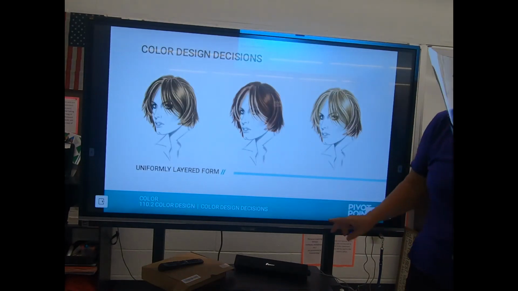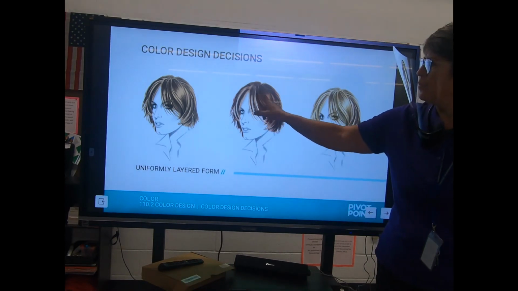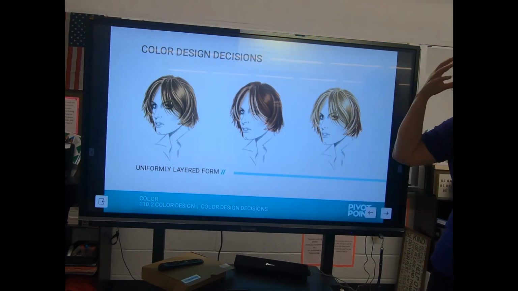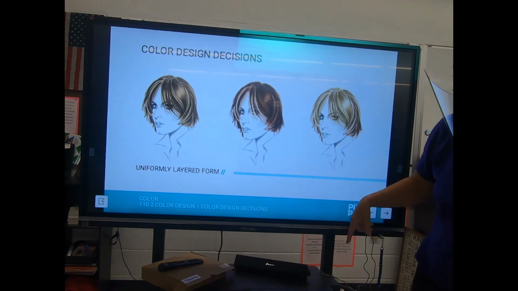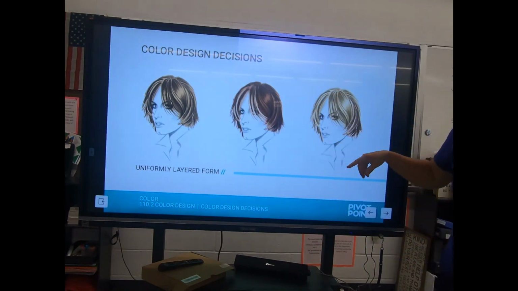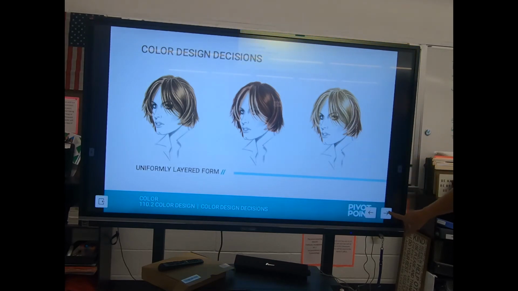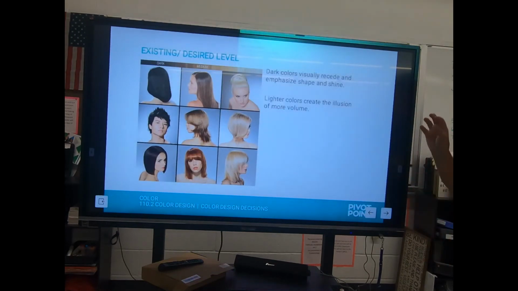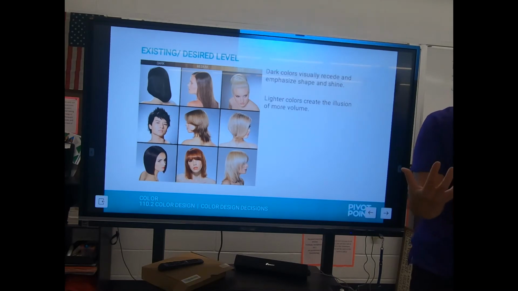Okay, same thing here. We're trying to create a focal point there. You've got your basic color, and then you've got more highlights. Okay, dark colors, like I said, they recede.